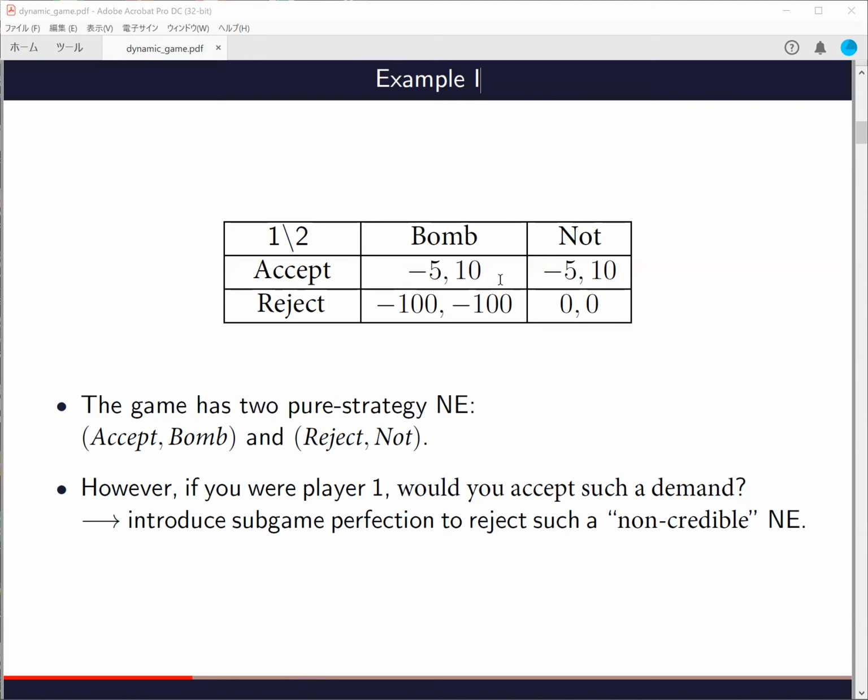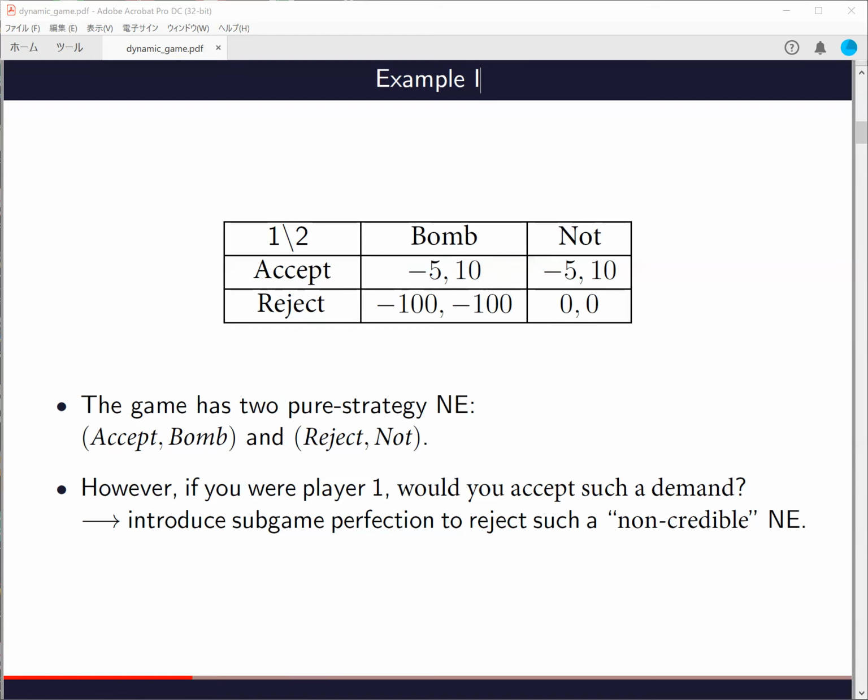Now, it is straightforward to derive two pure strategy Nash equilibria of this game. In one of the Nash equilibria, player 1 rejects the demand and player 2 does not blow up the bank. In the other Nash equilibrium, player 1 accepts the demand and player 2 blows up the bank.